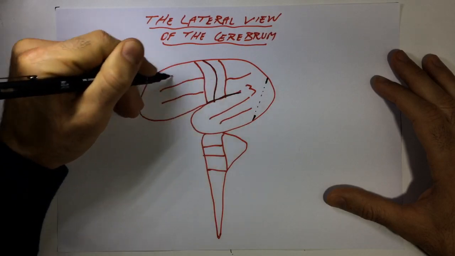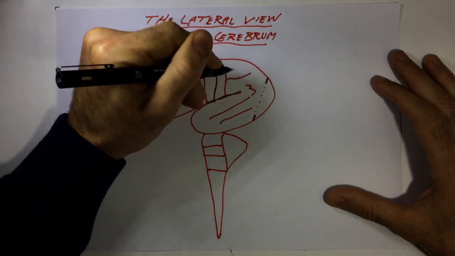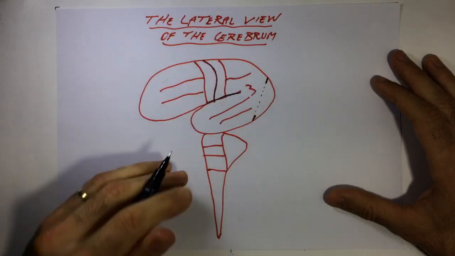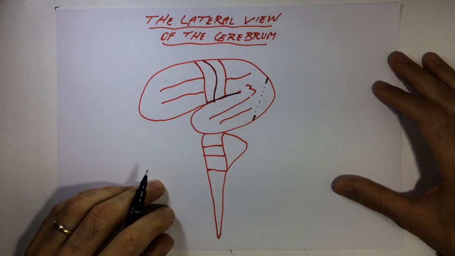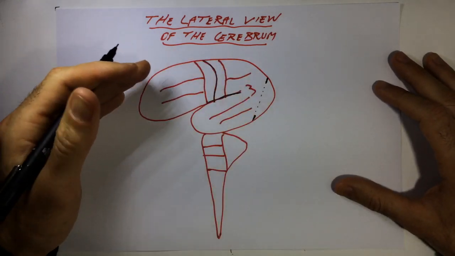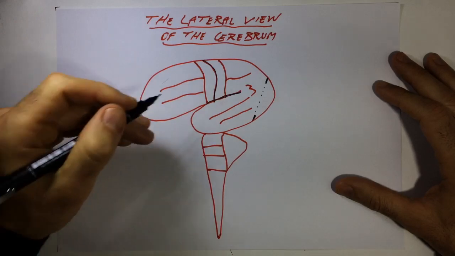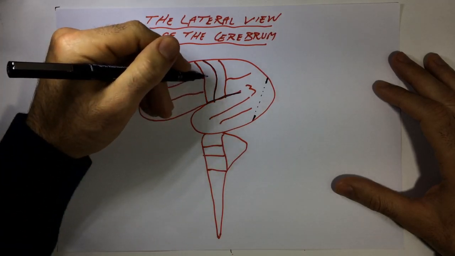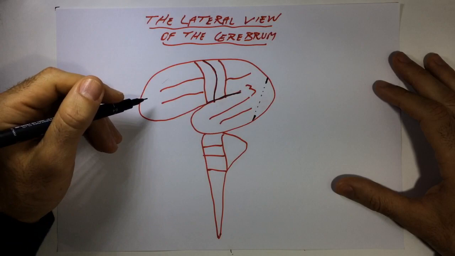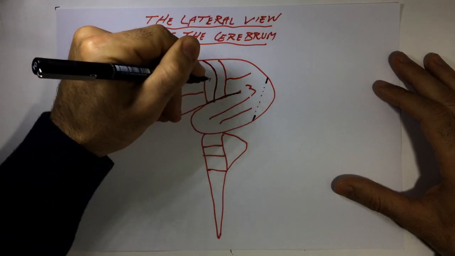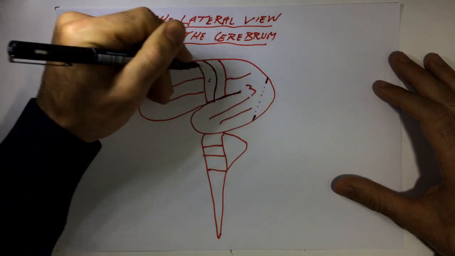Here we have the frontal lobe, parietal lobe, temporal lobe, and the occipital lobe in the back. So instead of drawing the sulci, we already did, we are going to name the gyri. We are going to start with the frontal lobe here.